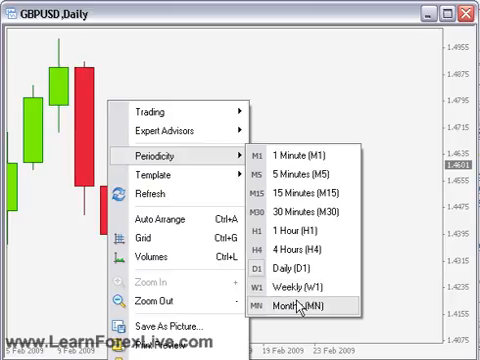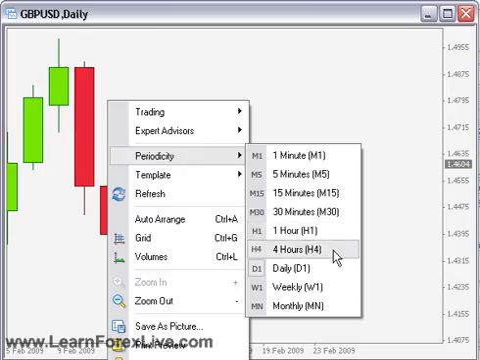Like I said, there is no right or wrong answer to this. It's just a matter of picking your favorite time frame and then setting your charts to the right time frame. Again, scalpers will be using the 1 minute and 5 minute chart. Intraday traders, the 15, 30 and 60 minute chart.